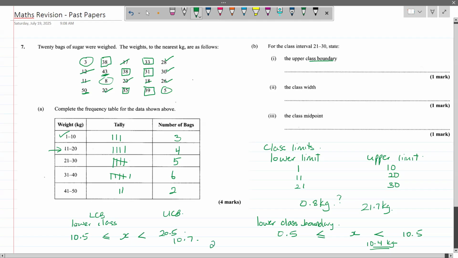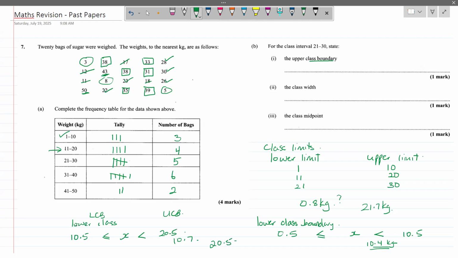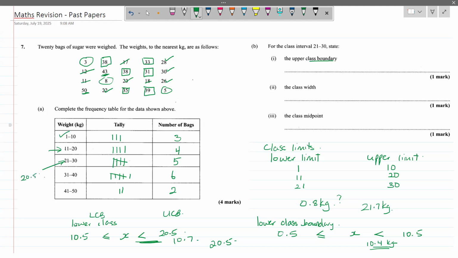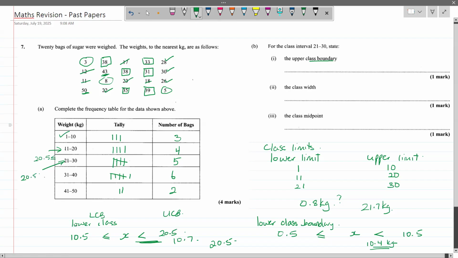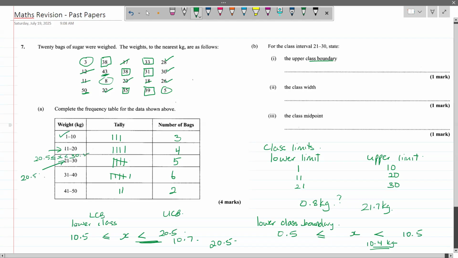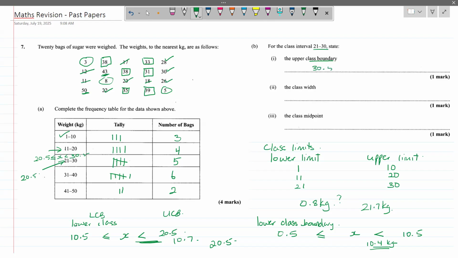But if we have 20.5 on the dot, remember it says it's less than 20.5. So 20.5 will have to go in this class. This class, the boundaries will be 20.5, greater than or equal to, and less than 30.5. So the upper class boundary for 21 to 30 is going to be 30.5.